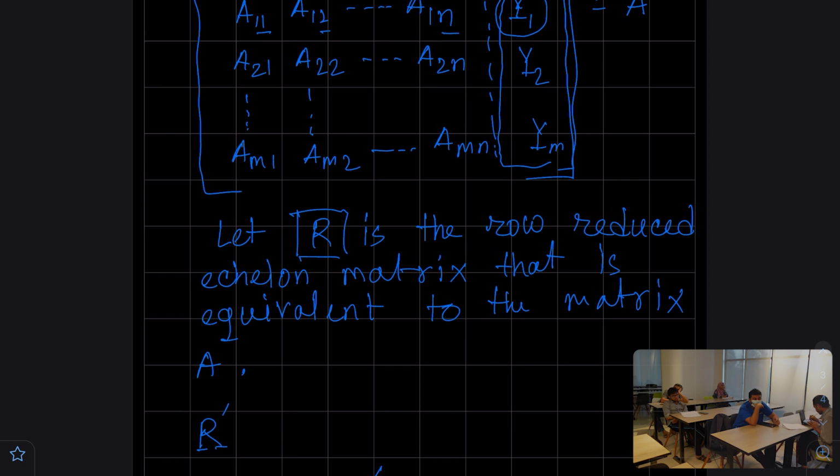So this is the matrix A prime, right? If I apply the sequence of EROs on this part, then I will get the row reduced echelon matrix R. I can apply the same EROs on this column as well, right?